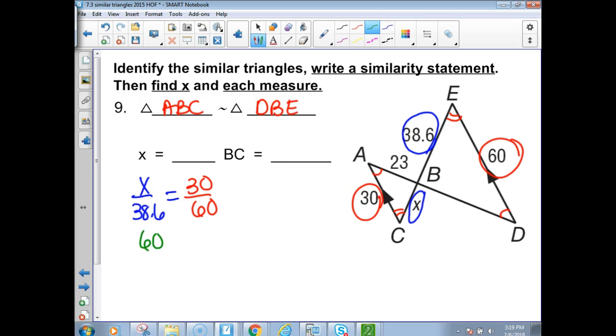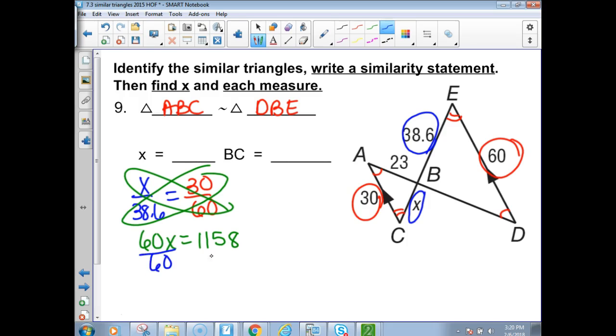So 60 times X equals 30 times 38.6. 1,158? All right, 1,158. Divide that by 60. Oh, came out to be a decimal. All right, so X is 19.3, and that was what BC was labeled, 19.3.